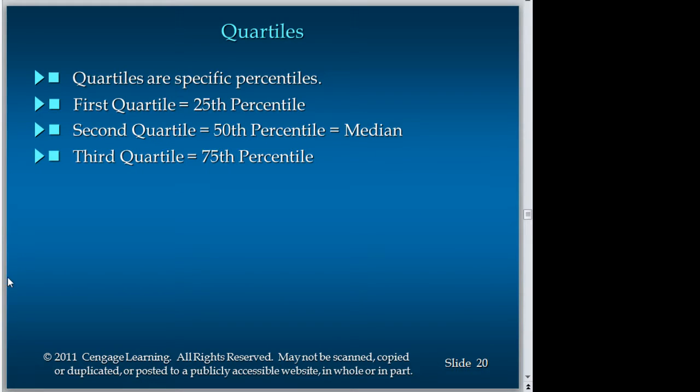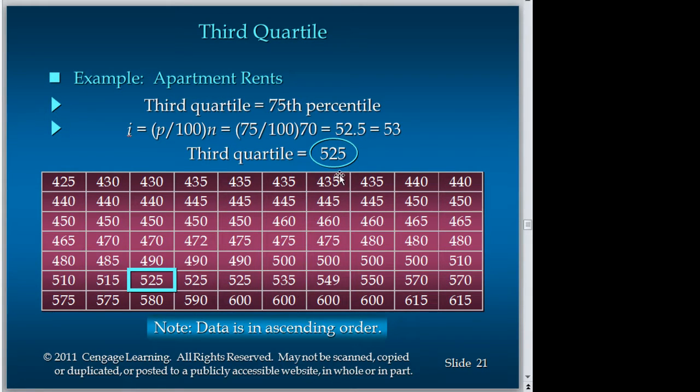Okay, so the 53rd data point is right here. If you number them, this is first, 1, 2, 3, 4, 5, 6, all the way to the 53rd, right? Each line is 10, right? So this is 50, 51, 52, 53. So this is the 53rd data point, and that's the third quartile, right?